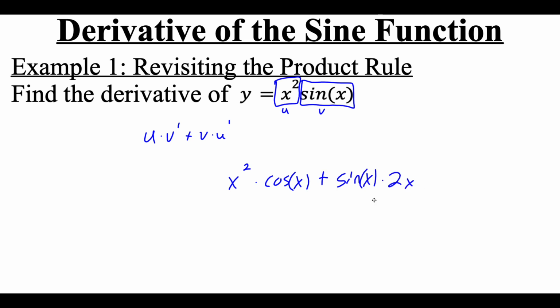Now I'm going to rearrange this just slightly and bump this 2x to the front. So I'm going to write this as x squared times the cosine of x plus 2x times the sine of x. So we were able to differentiate that using our product rule after we knew what the derivative of sine was.